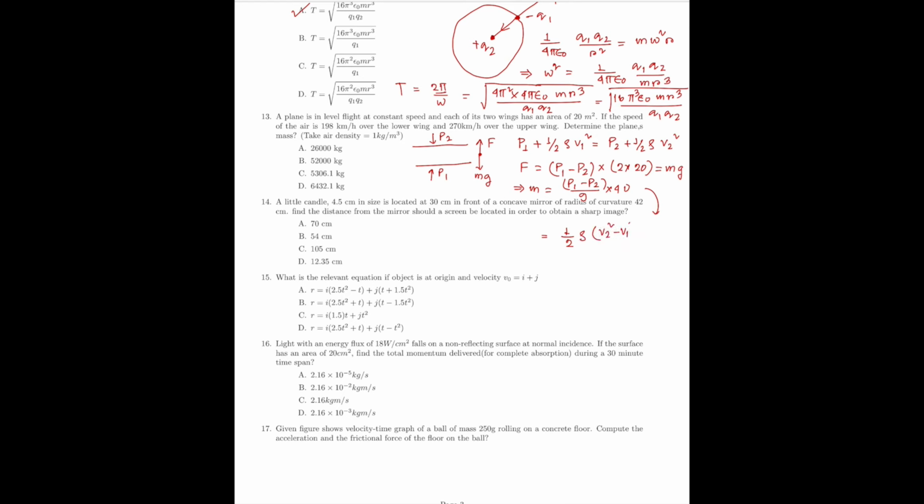If I do the calculations using the above formula, I will have half rho (V2 square minus V1 square), rho is 1, times 40 divided by 9.8.